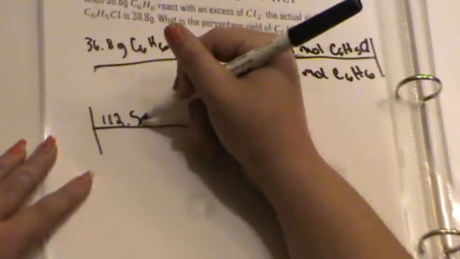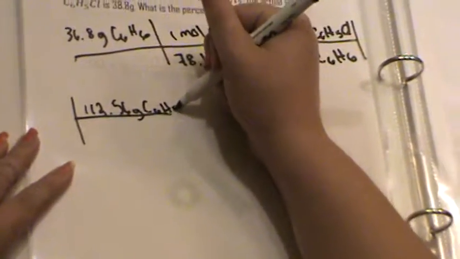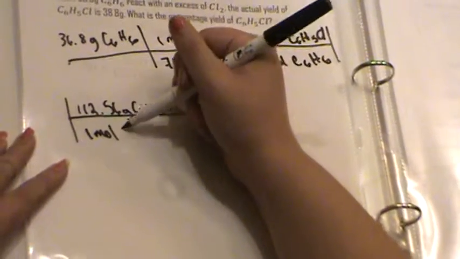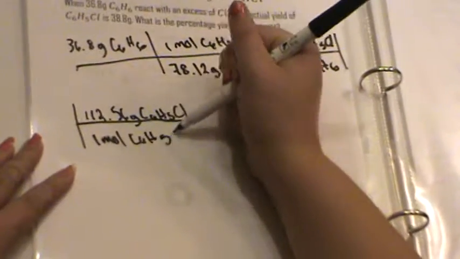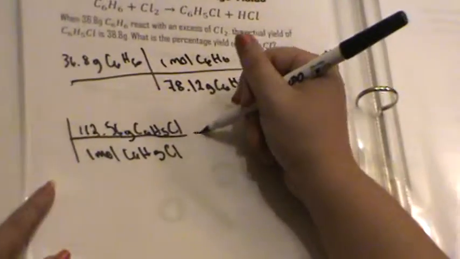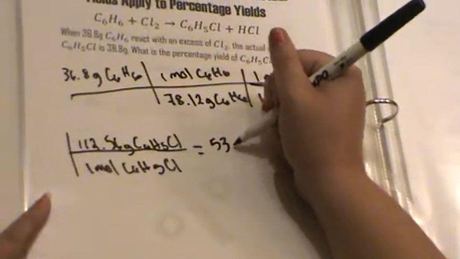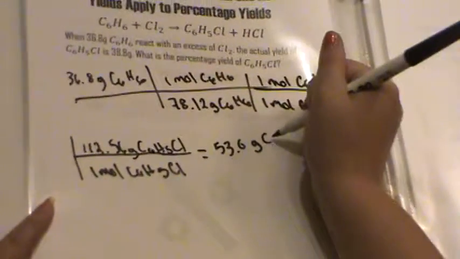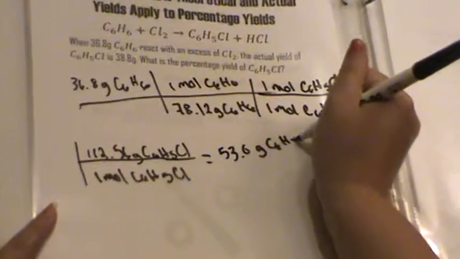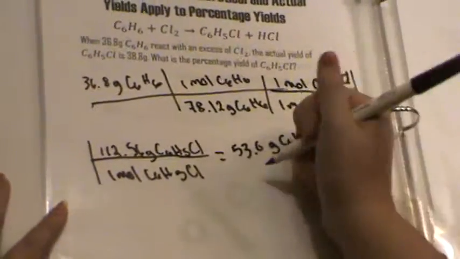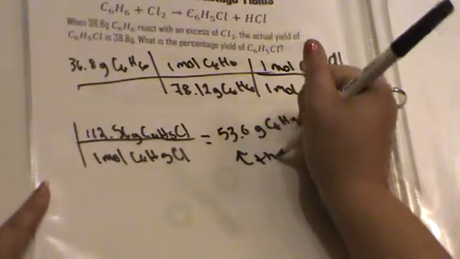And then you change these moles back into grams. So to do that, you use the molar mass again, over 1 mole. And you get 53.0 grams. And this is your theoretical yield.